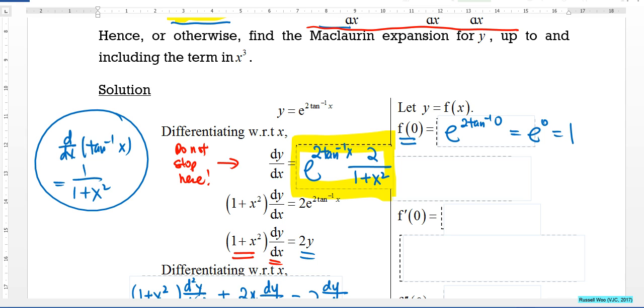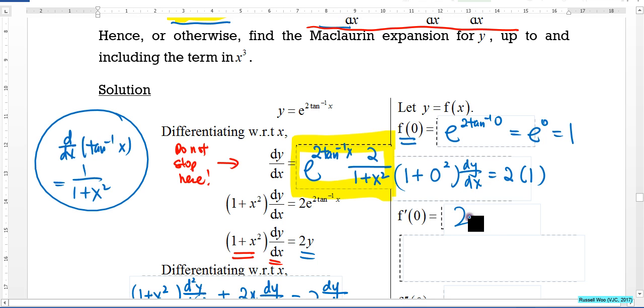Because when x is 0, y is 1, f(0) is 1. I prefer that. So I substitute: 1 plus 0 squared, dy/dx equals 2 times 1. Therefore, f prime 0 is just 2.